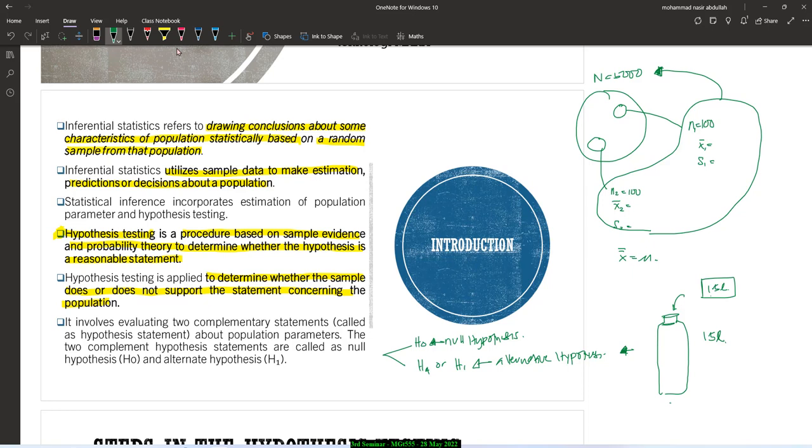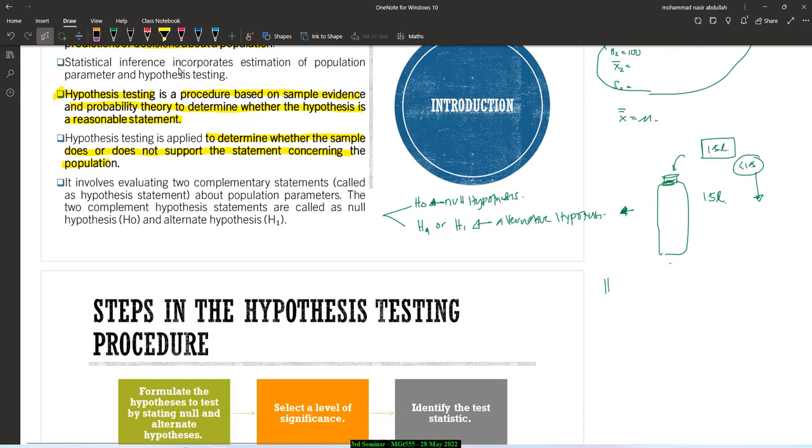So suddenly a manager claim that, ataupun a customer claim that air dalam botol ni tak sampai pun 1.5 liter, right? Less than 1.5 liter. So this is going to be your alternative hypothesis. For example, kita tengok sini, hypothesis testing, null hypothesis, mu is equal to 1.5 liter.